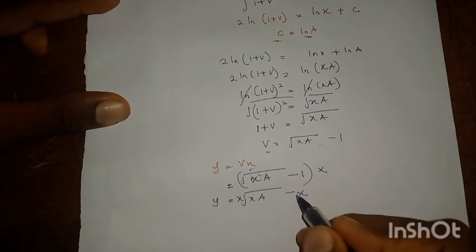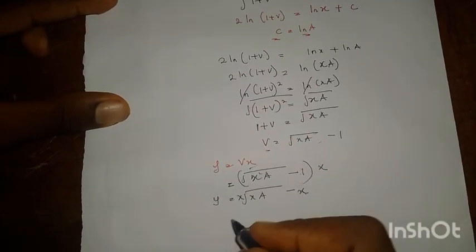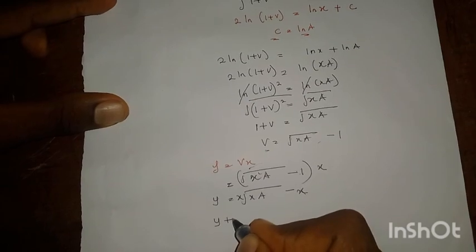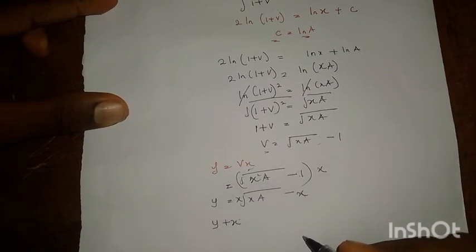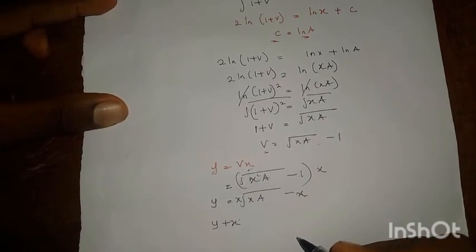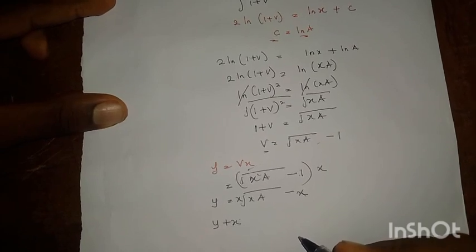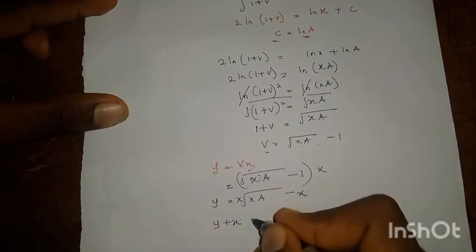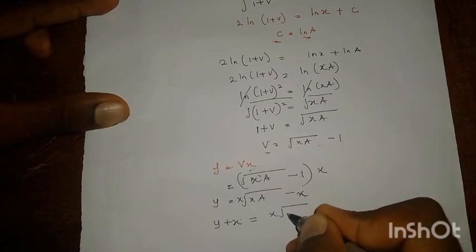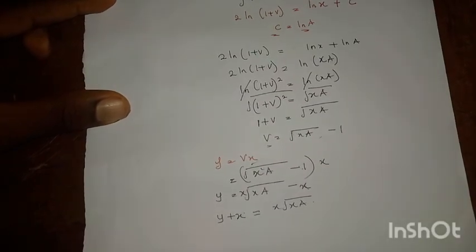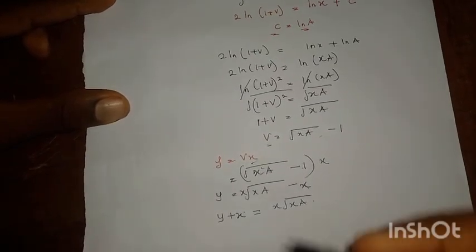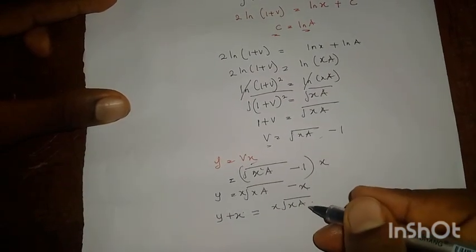Now taking x to the other side, if I'm not mistaken, this is y plus x equals x root xa.